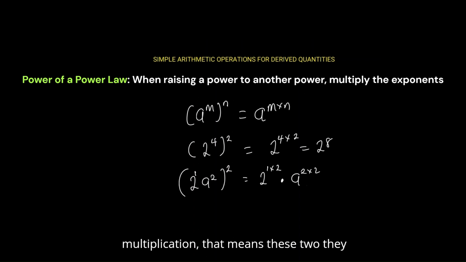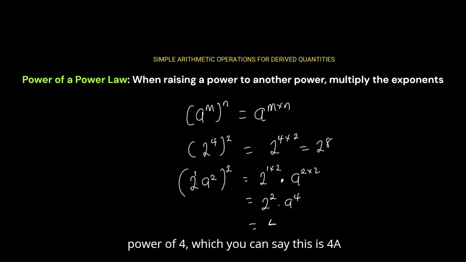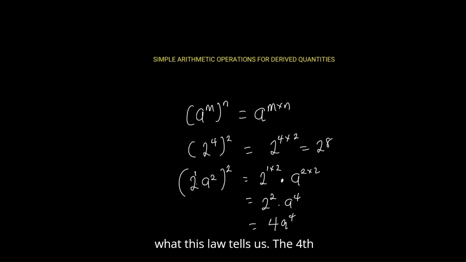This dot means multiplication. That means these two are multiplying themselves. So this will give you 2 to the power of 2 dot a to the power of 4, which you can say is 4a to the power of 4. So what did we do here? We use the power of everything inside the bracket to multiply the power outside the bracket. That is what this law tells us.